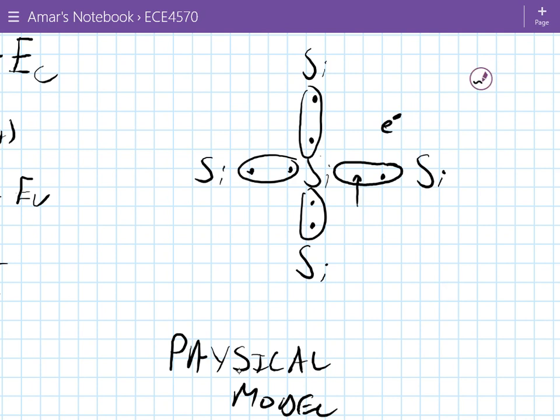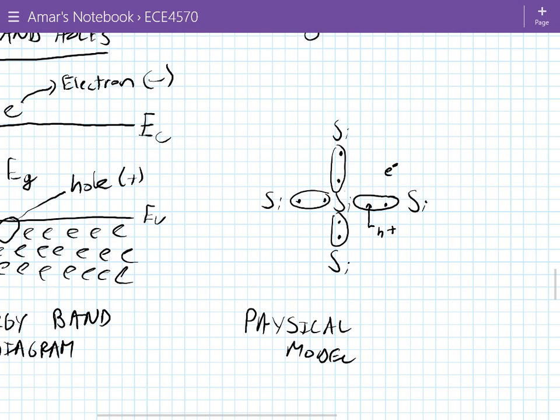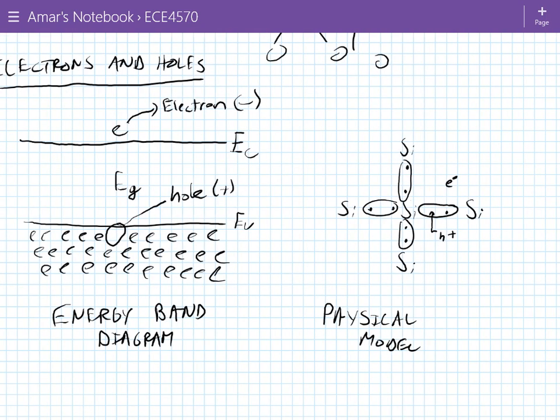This incomplete bond is called a hole. Now, since this incomplete bond has one less electron than it should have, it has a net positive charge. So we'll just denote this H+. This whole thing is considered a hole. An incomplete bond is considered a hole. So this is what it looks like in terms of the energy band diagram.